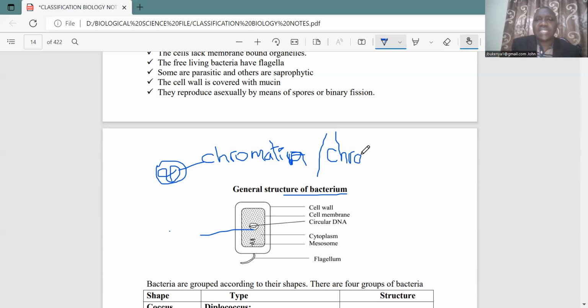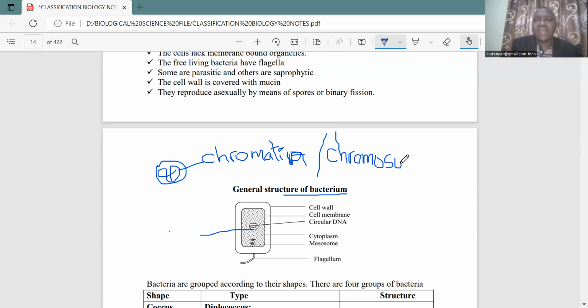So that DNA becomes what we call chromosome, not chromatin. But still, the word chromo or chroma is retained, and it means colored.